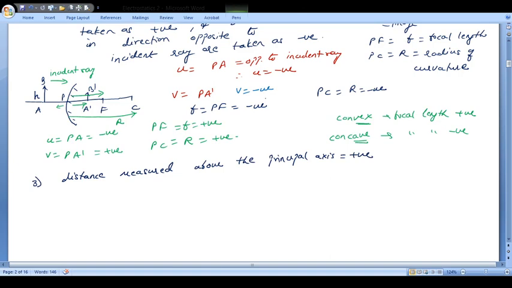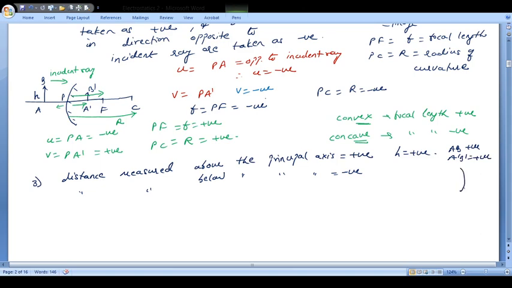So AB, you always take it from A to B, so h is going to be positive. Now distances measured below the principal axis will be taken as negative. So here also, see, A dash B dash will also be positive. AB is positive, A dash B dash is also going to be positive.